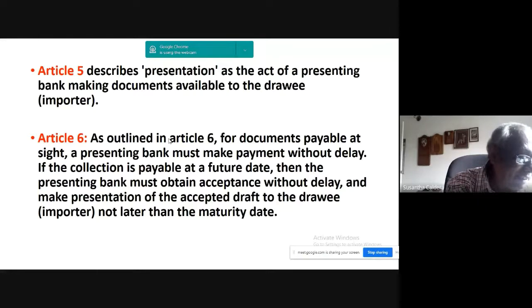What they say is expressions such as first, prompt, immediate, and the like should not be used in connection. Article 5, sub-articles A, B, C, D, E, F, please read.